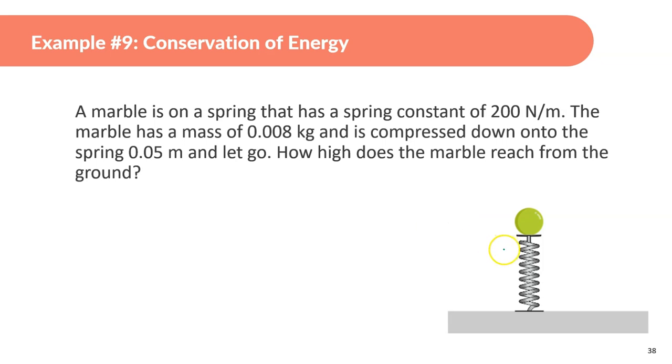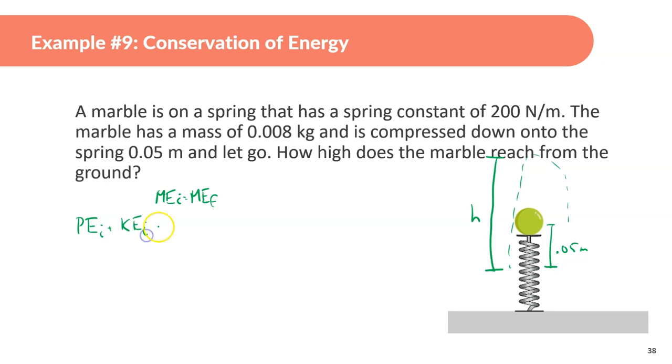Okay, so this thing is pushed down 0.05 meters, and then it goes up like this, and we want to know what this height is. So we're doing again mechanical energy initial is equal to mechanical energy final, and like I suggest, write everything down and think about what type of energy is at the beginning and what type of energy is at the end, and then do it.